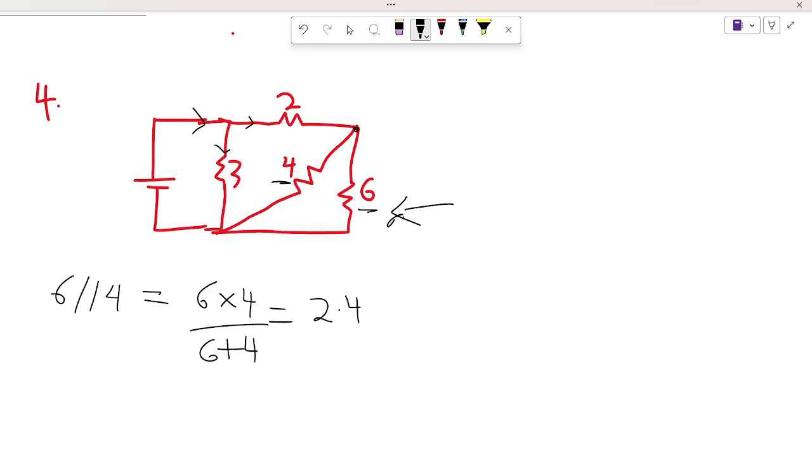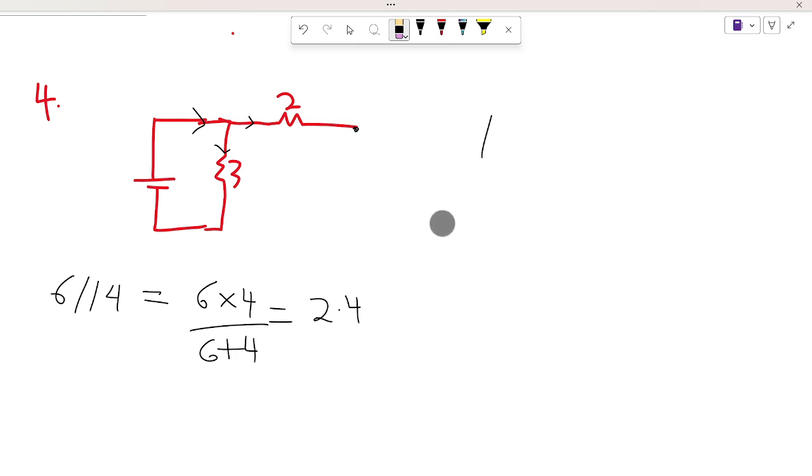So we can further reduce our circuit. Okay, so now the 2.4 ohm resistor, sorry, forgot to add my units.